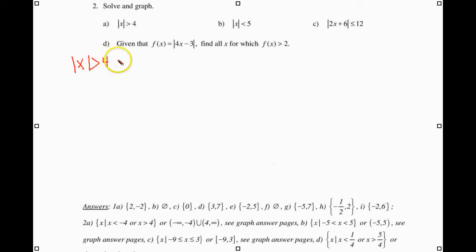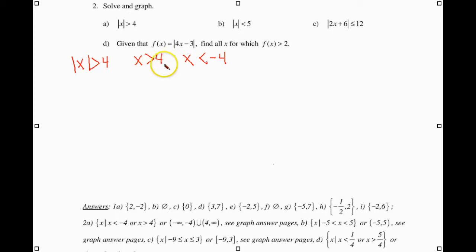Well, this gets translated in a sense to x is greater than 4. We're just taking away the absolute value sign. And now we're going to have to reverse the inequality sign from greater than to less than. And this is going to be now a negative 4.